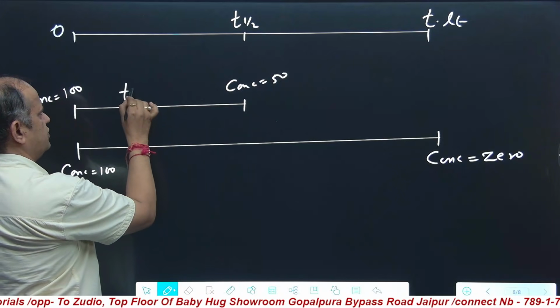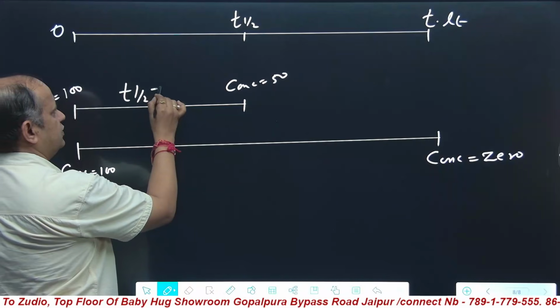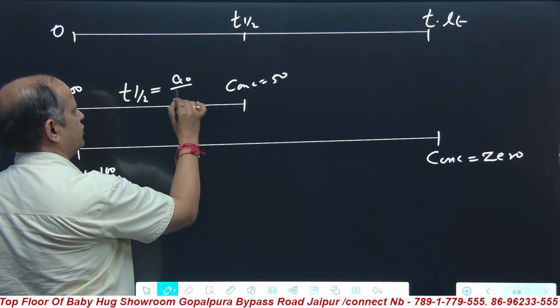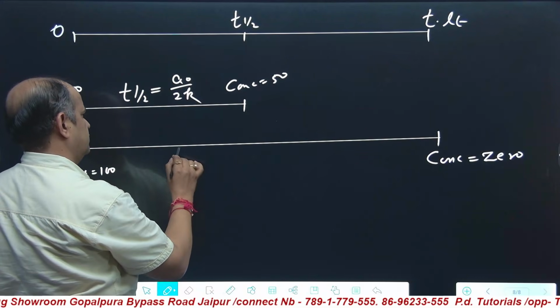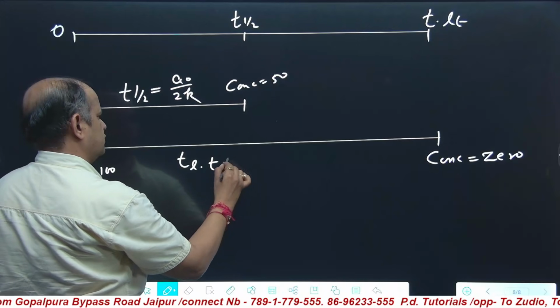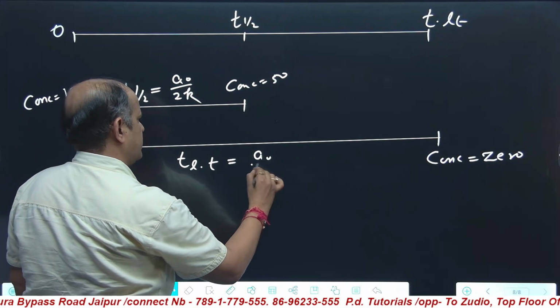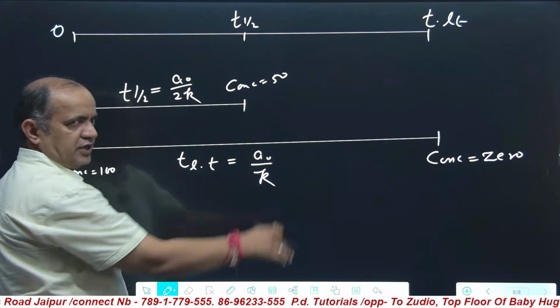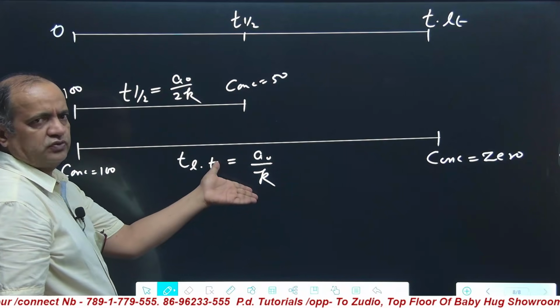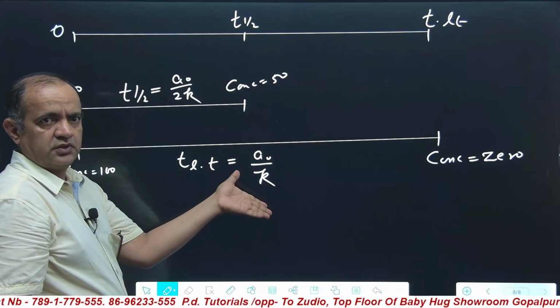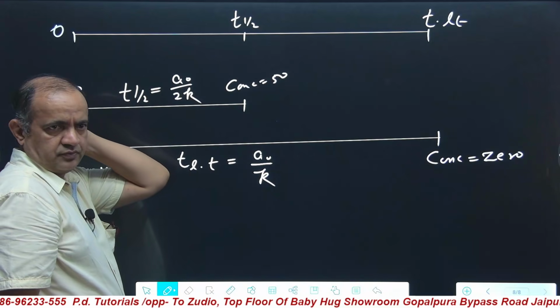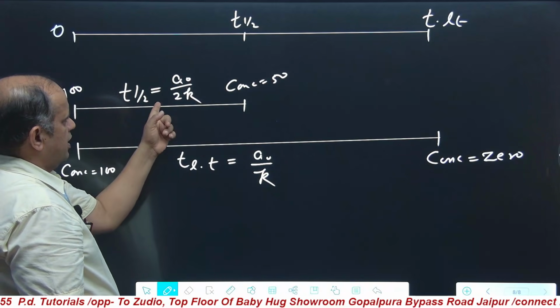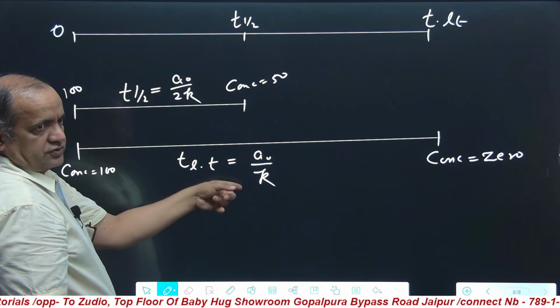This time is half-life, which is equal to A naught by 2K. This is lifetime, which is equal to A naught by K. Can you see graphically that lifetime is just double that of half-life?